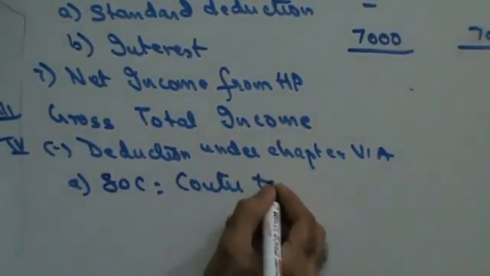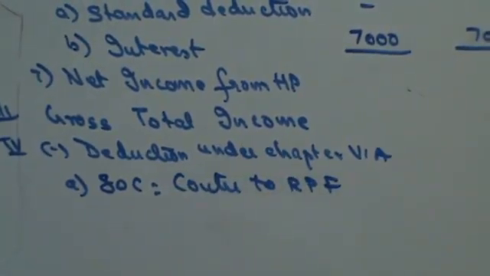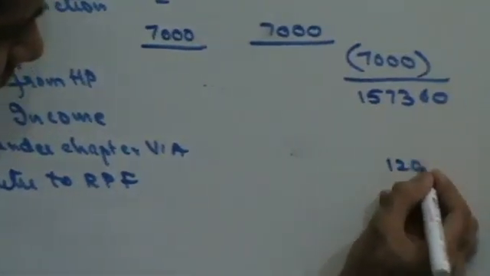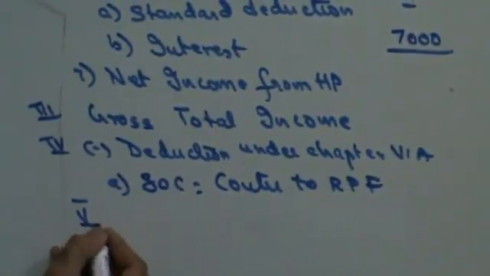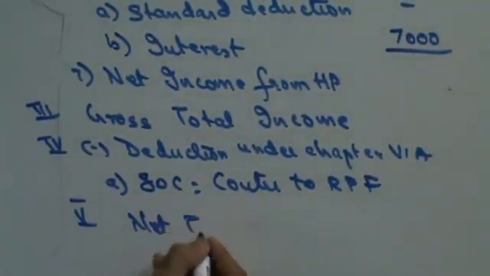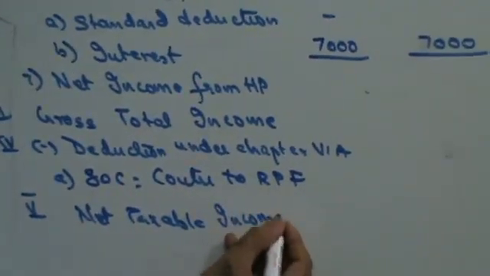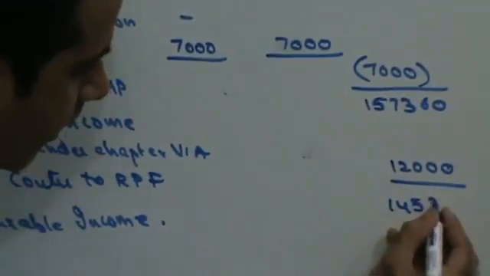Both the employer and the employee have contributed the same amount. We had already found out that he has contributed 12,000. So net taxable income. Someone please subtract this and tell me how much this is. 145,360. Right? That finishes that up.